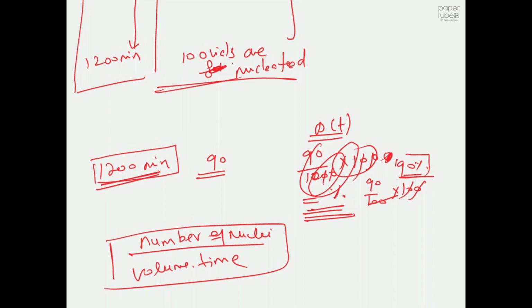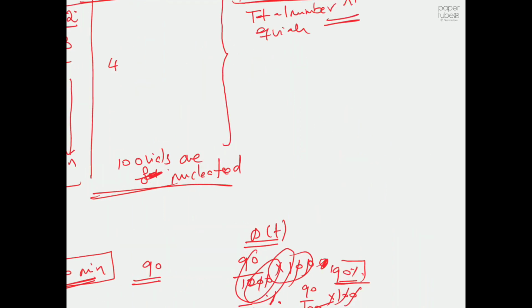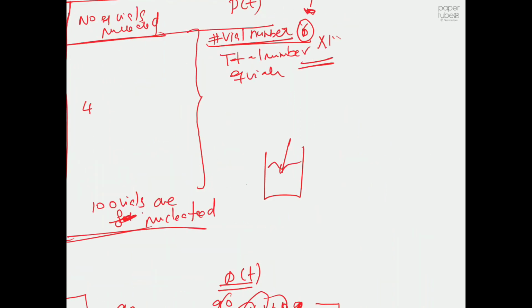This is extremely tough. Imagine you have a solution, and at some point the clear solution turned into cloudy solution because it got nucleated. How do you count the number of nuclei in that solution? Obviously, this is an impossible task, in fact, with the level of analytical instruments that we have at the moment in the laboratories. So this is something you should keep in mind.